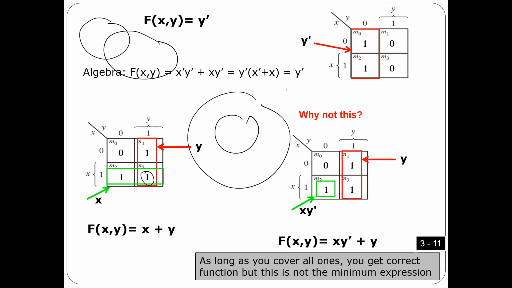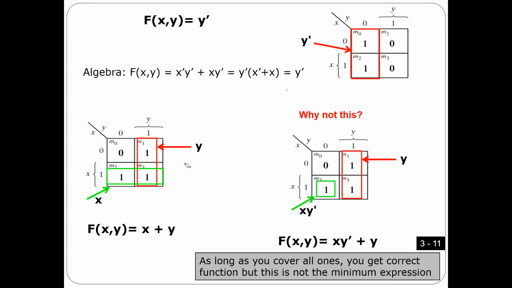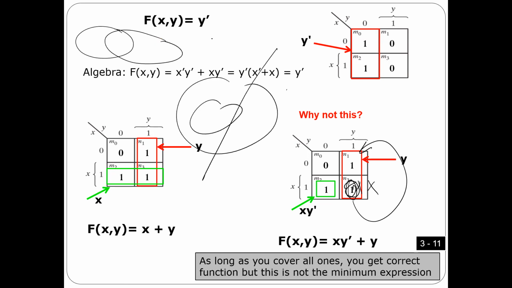So what I'm saying, for example, in this example, I can make another group here. So now I can make 3 groups. This one is a group, and this one is a group, and this one is a group. That's not right. This is not the most simplified one. Why? Because you don't need this. You don't need to make this one a group because it is already covered inside this one. So again, when you make groups, it's okay if there is overlap, but a subset of a group is not allowed because you are going to create a redundant term.